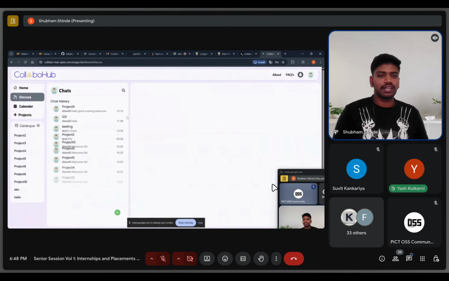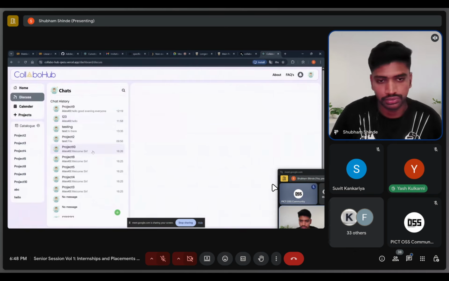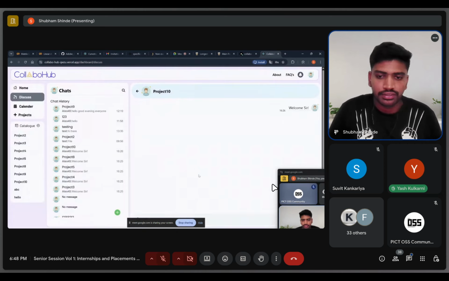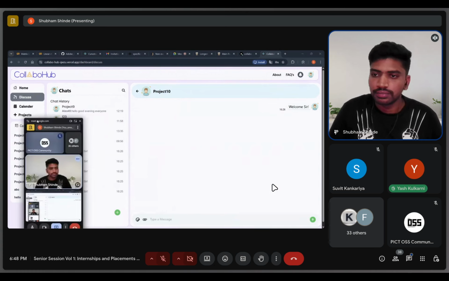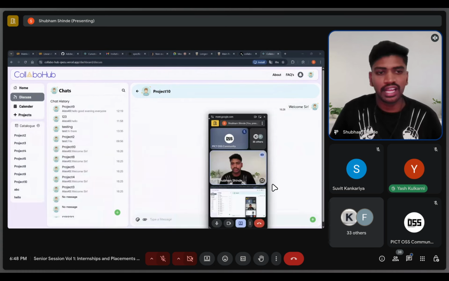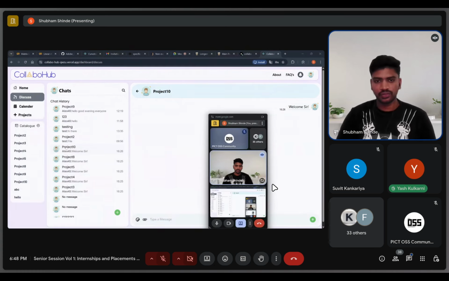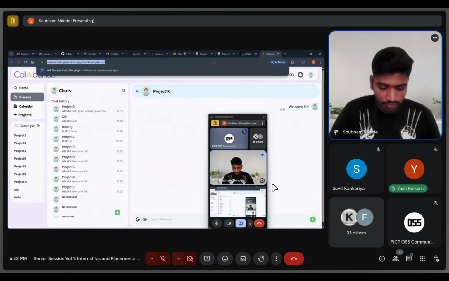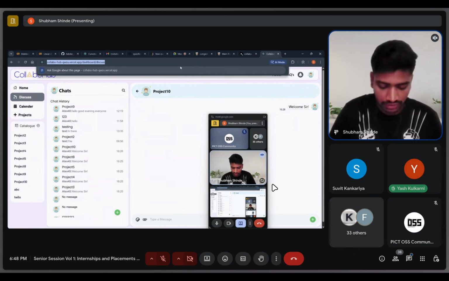I have implemented WebSockets and all the things to build this platform. So you can take this kind of project where you can find some challenging task and build it. You can learn a lot of things from this kind of project.